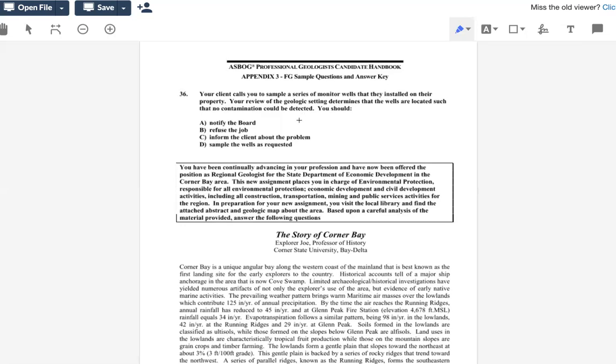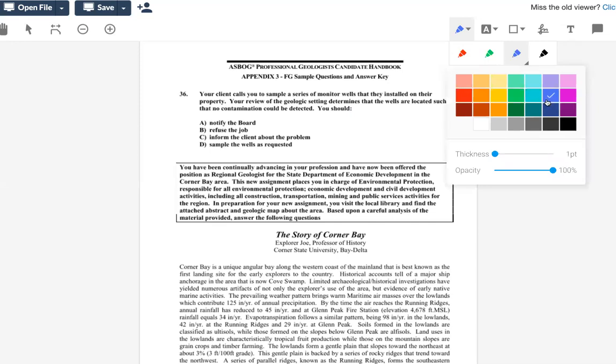So you need to let the client know. Yeah, so in this case, your responsibility is to the client. You need to make them aware that the wells are either not installed properly, or at least not deep enough, or what have you. But for this question, your responsibility is to the client.